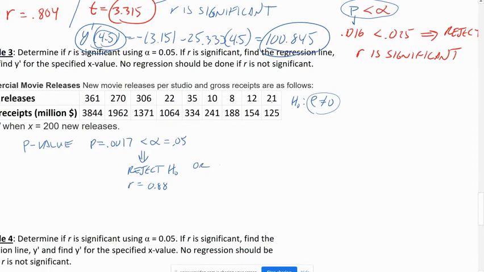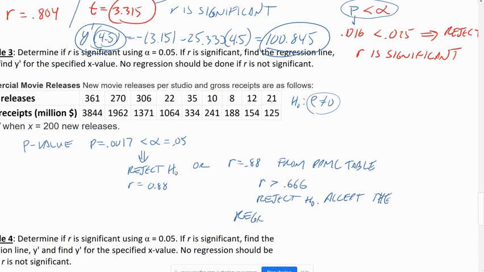You could say R equals 0.88, and from the PPMC table, we have R is bigger than 0.666, so we are going to reject H0 and accept the regression equation since r is significant.